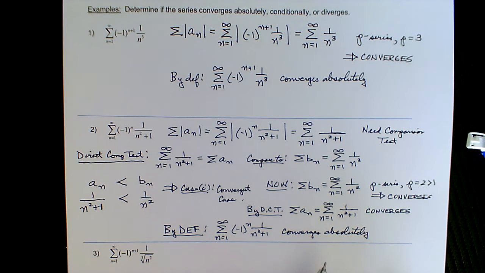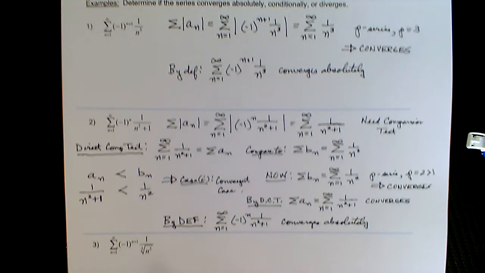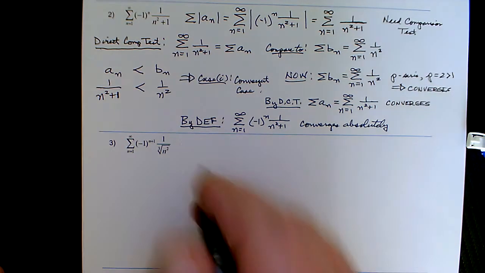Because if the sum of the absolute value converges, then the series converges absolutely. But we had to pull out a comparison test to prove that the sum of the absolute value did in fact converge.